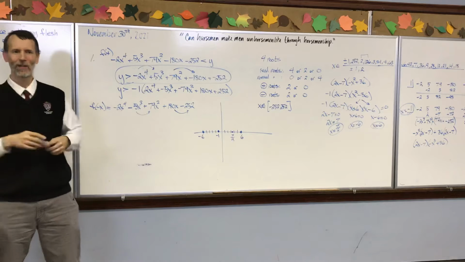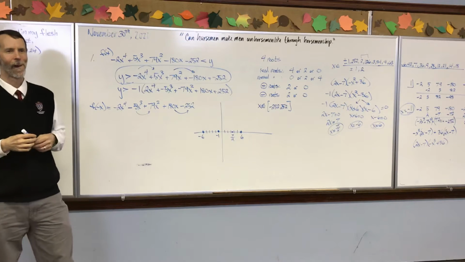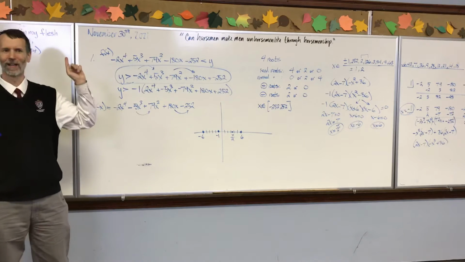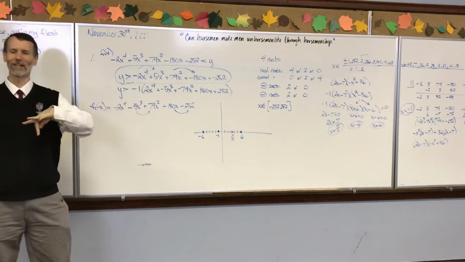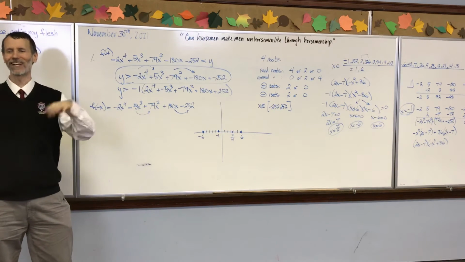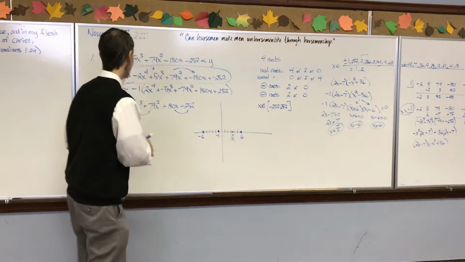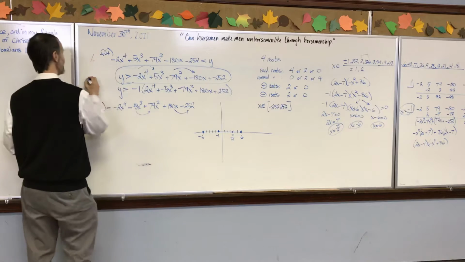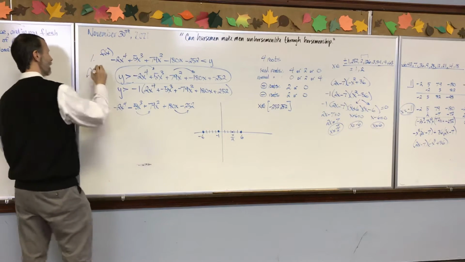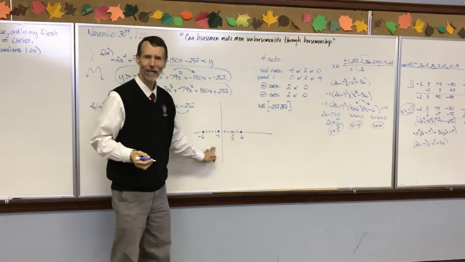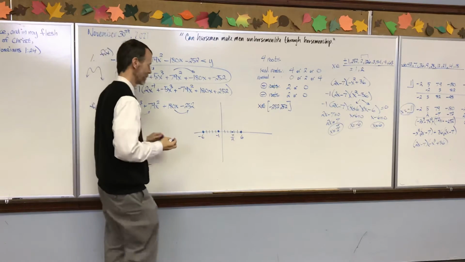What's a degree 4 thing going to look like? A W. What if it's upside down? It's kind of like McDonald's. McDonald's is not paying me for an advertisement, by the way. It is an upside down W, so it's sort of an M shape.